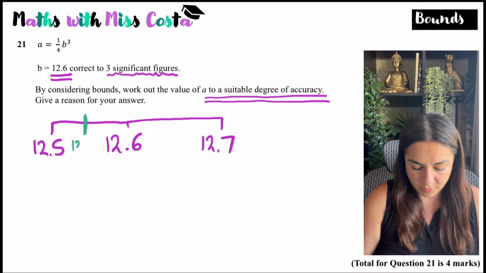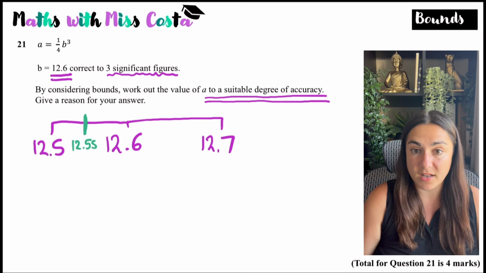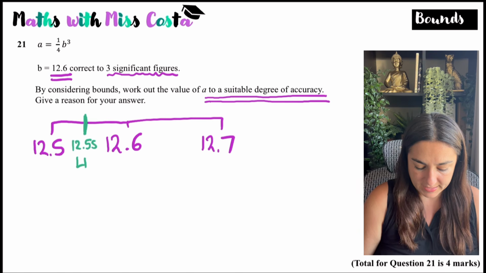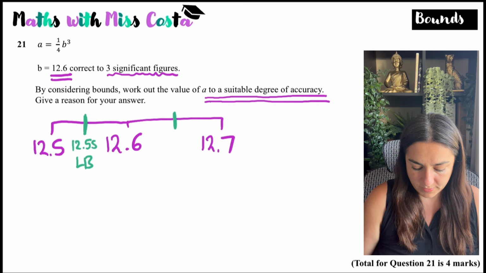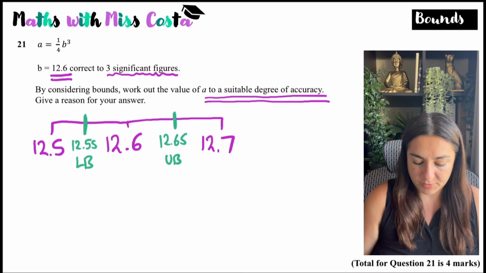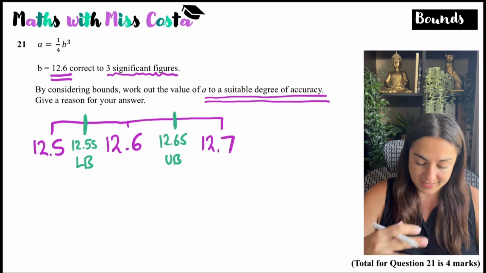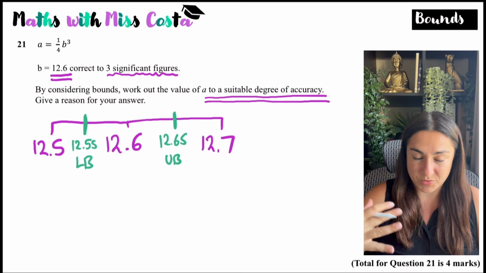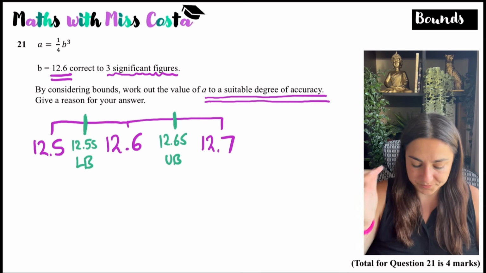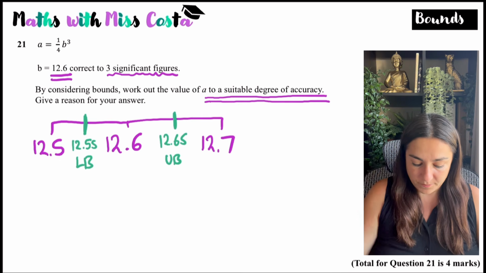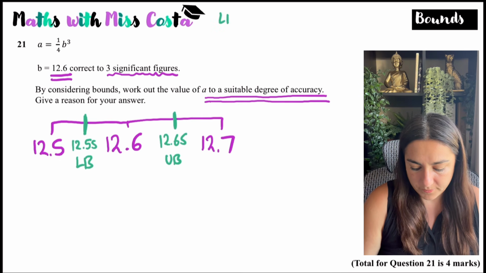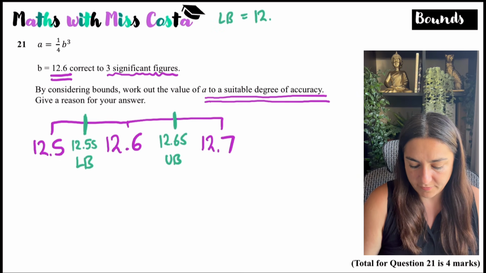So that would be 12.55 is the lowest value it could possibly be. And the upper bound would be 12.65. Now, technically it would be 12.649 recurring, but with bounds questions, we just round it just to make our lives easier. So I know that the lower bound is 12.55 and the upper bound is 12.65.